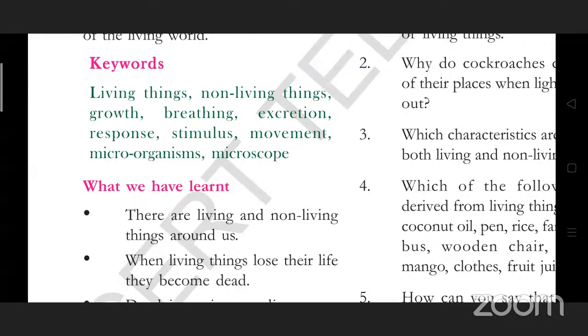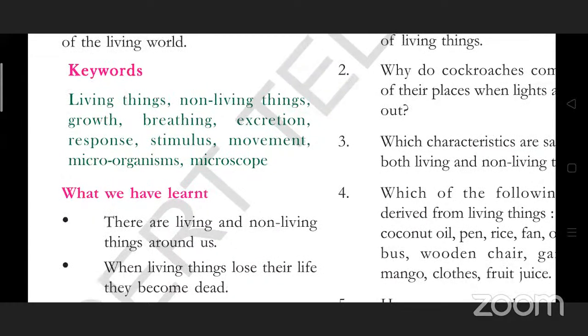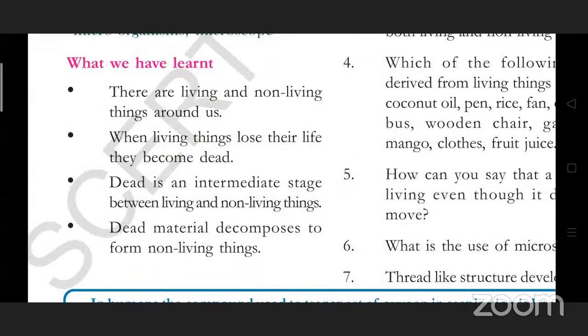We discussed oviparous and viviparous animals. Next, the structural and visual components of the microscope. Today particularly we discussed bread mold, and after that useful bacteria, that is, Lactobacillus bacteria.